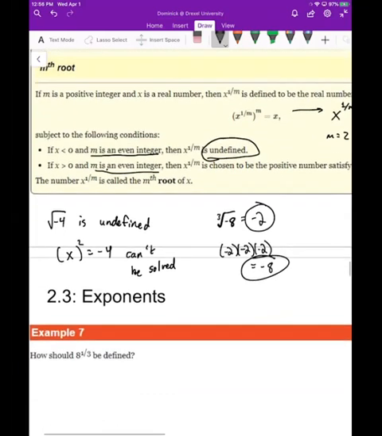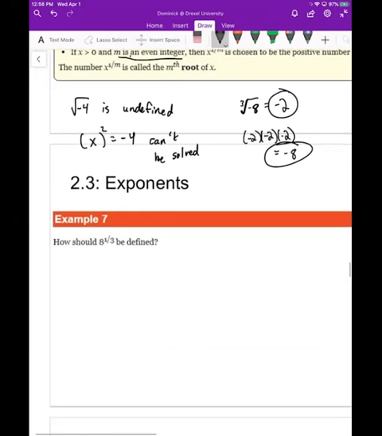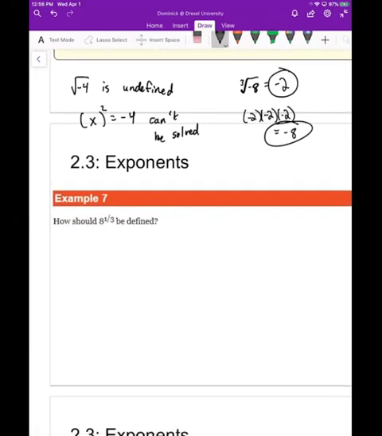All right. Now, here we want to know, how should 8 to the 1/3 be defined? Well, there's a couple different ways you can think of it. You can think of it as the number that if I raise to the 3rd power would give me 8, or you could take 8 to the 1/3 and convert it to that form we just talked about, and that would be the cube root of 8.